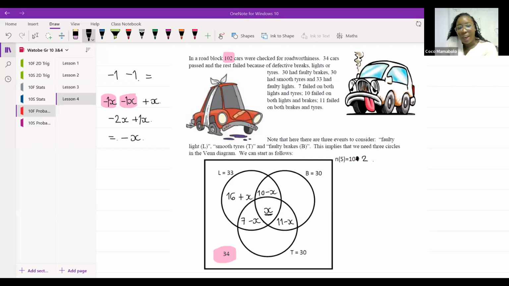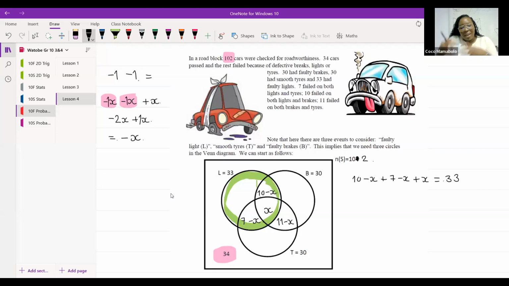Okay, watch what I mean by this. If I know that this entire section over here needs to equal 33, I can go 10 minus X plus 7 minus X plus X. How much must all of that be equal to, Siamtanda? In this one circle, 33. How much must all of that be equal to? 33. 33, correct, 33.